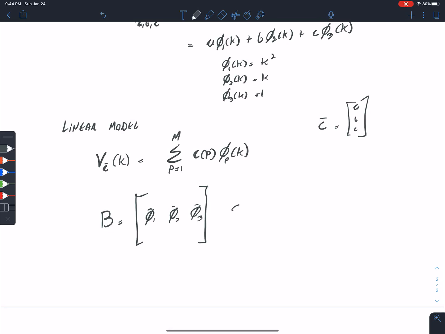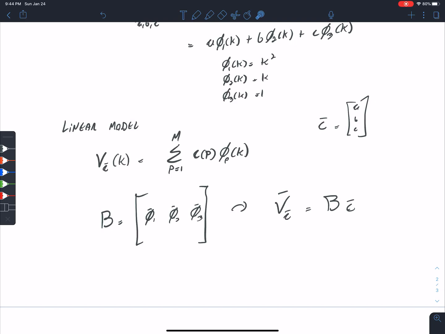Then, with this definition, I can write my vector v, parameterized by some coefficients vector c, as the matrix B times my vector c. And this is a more summarized version of a linear model.